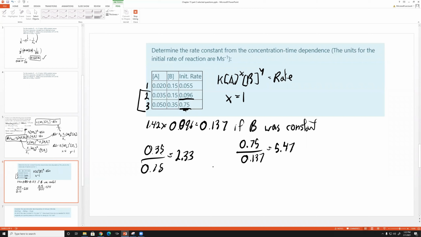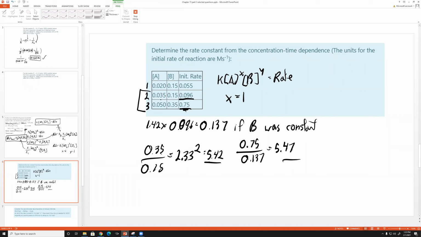So this definitely isn't first order in B, but is it second order? If we square the 2.33, we end up with 5.42. That is very close to the 5.47, which means that when A doubles, the rate will double, but when B doubles, the rate will quadruple.